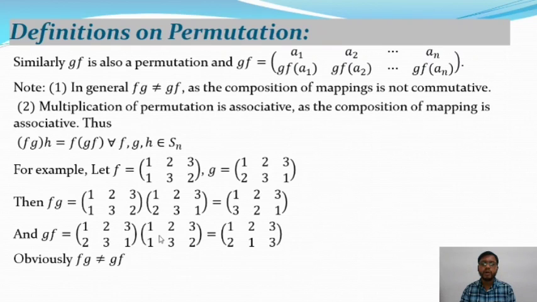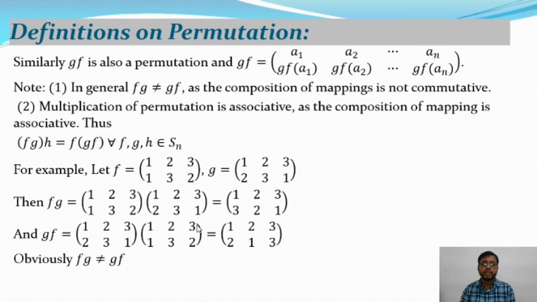Then for the product, starting from the second permutation, 1 goes to 1, and in the first permutation 1 goes to 2, so 1 goes to 2. Similarly, in the second permutation 2 goes to 3, and in the first permutation 3 goes to 1, that means 2 goes to 1.